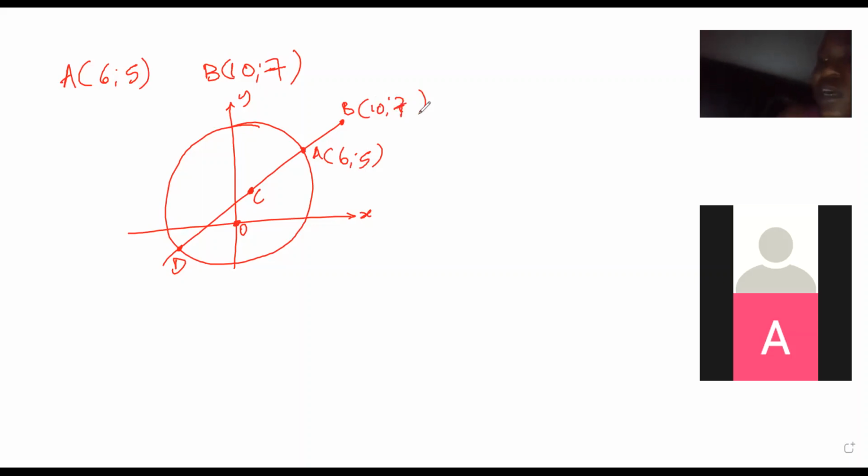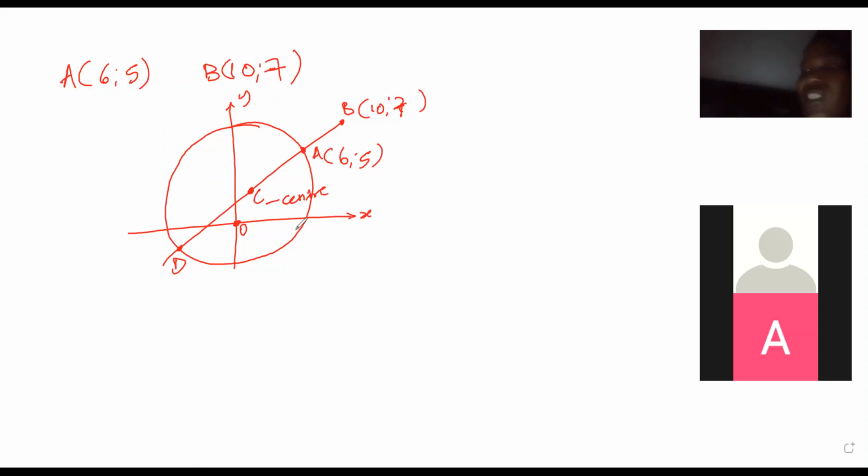So they say point A, which is 6 and 5, and point B, which is 10 and 7, are two points in the Cartesian plane. BA produced intersects the x-axis at D. AD is a diameter of the circle centered at C. So C is the center.